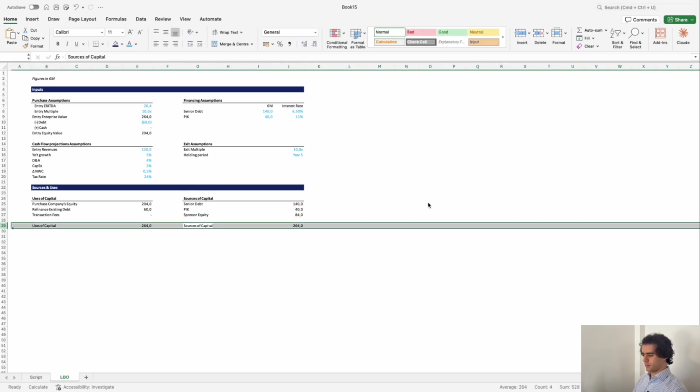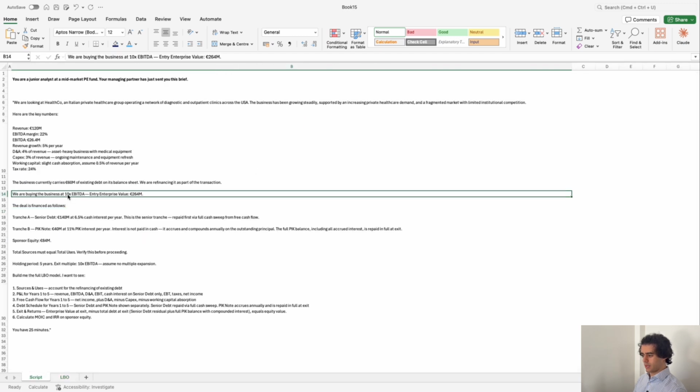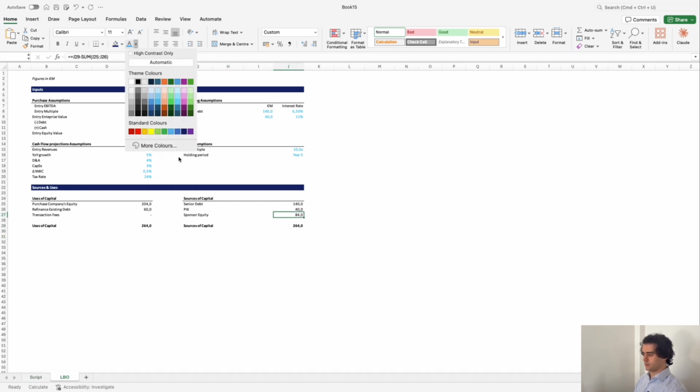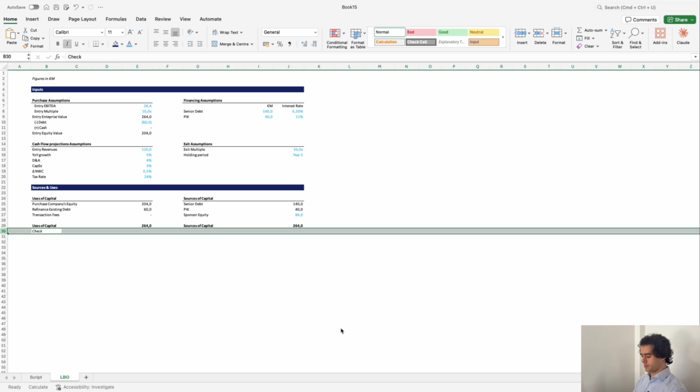Perfect. The sponsor equity actually was also an input, but yeah, we can do it as the script says. So now we can check if they are correct.